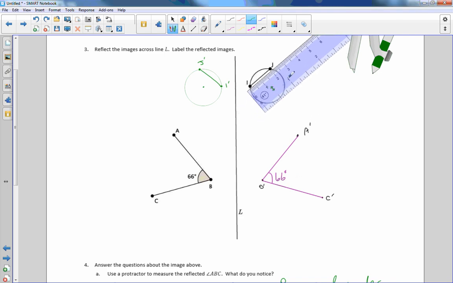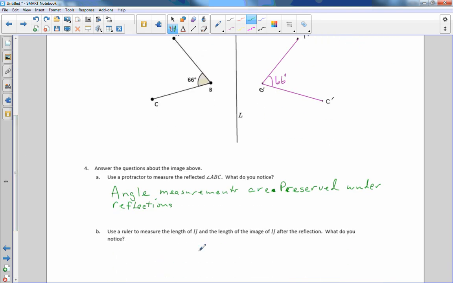Now if I move this over here and do the same here, that is also just shy of 2 centimeters. So they are the same. And I will say segment lengths are preserved under reflections.